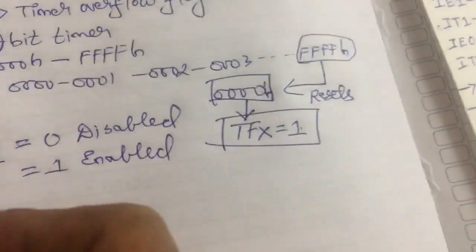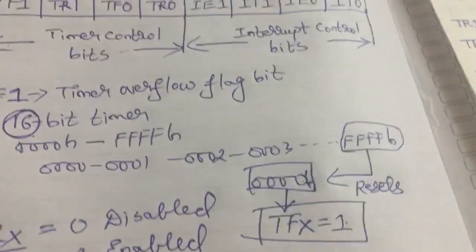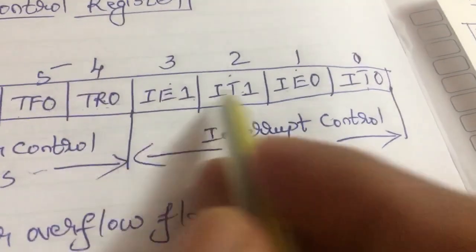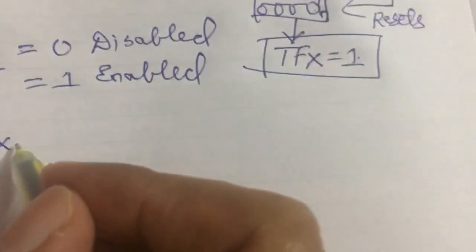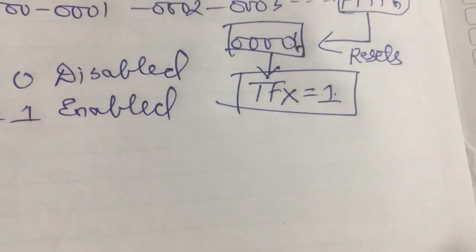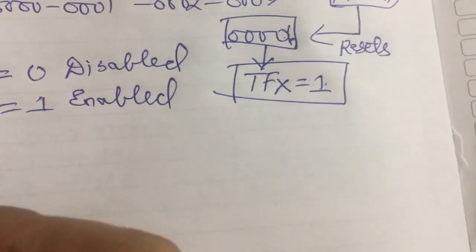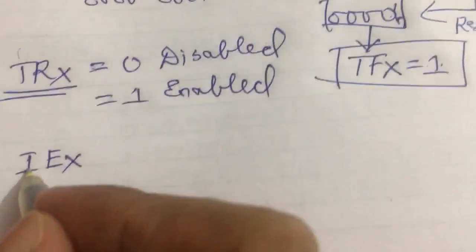Next is IE1. I will call it IEX. E stands for external, I stands for interrupt.